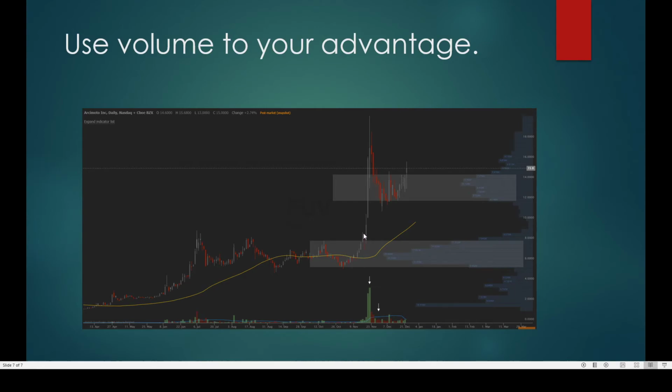And then when you're coming down and you see wicks, and it's not getting back into that volume area, it's telling you that maybe shorts are covering, maybe more buyers are now attracted. And so that's a good way that you can use an entry signal in your strategy when something's breaking out of a volume shelf like this.